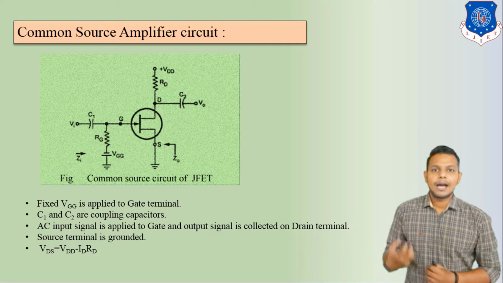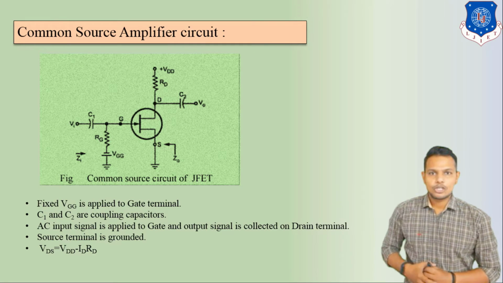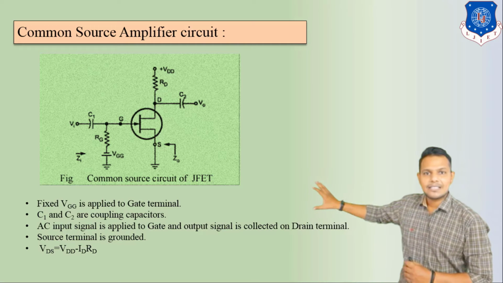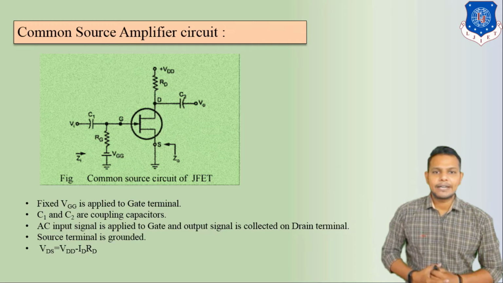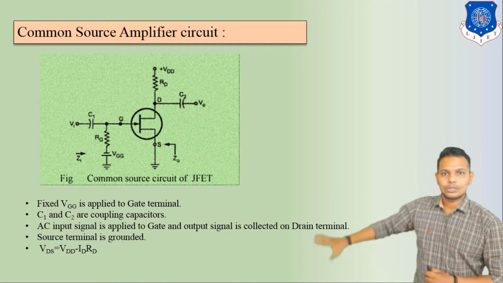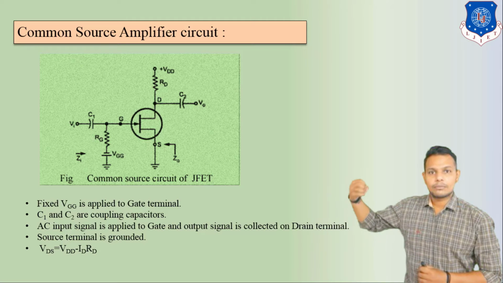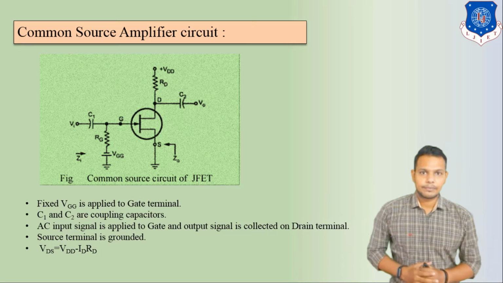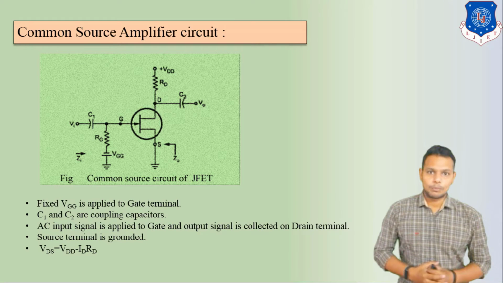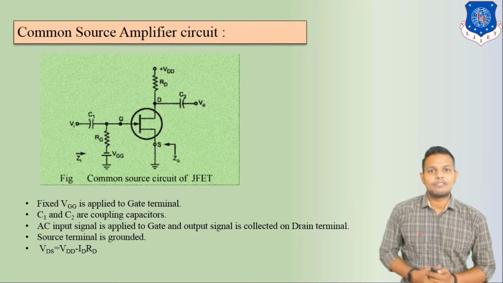We have to find the output voltage, which is basically VDS. So make VDS the subject. VDS is equal to VDD minus IDRD. This is the equation, and from this we can stabilize this circuit and we will get the perfect output at VO. So this is the common source amplifier.